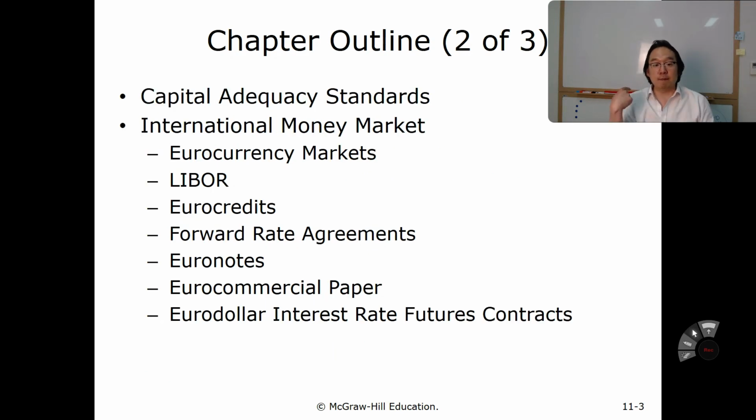And then capital adequacy standards. We're going to talk about it because international banking, the bank system itself needs to have some buffer, enough buffer capital, which we typically call capital adequacy criteria. Do you have enough buffer capital to overcome any potential negative shock?